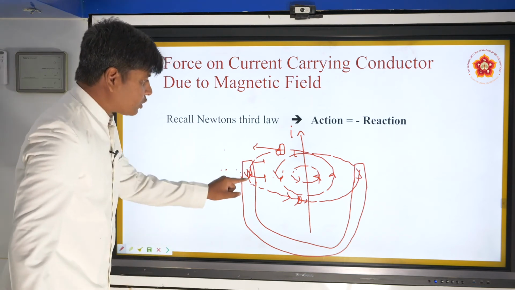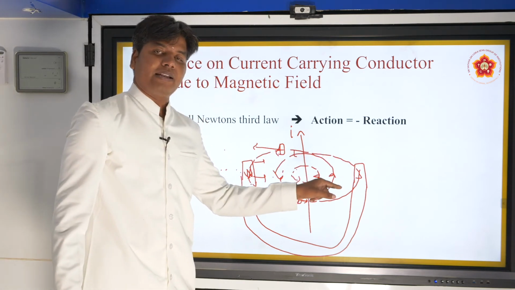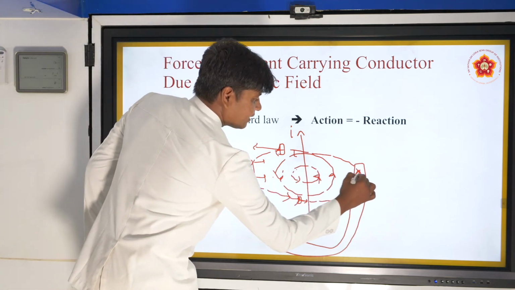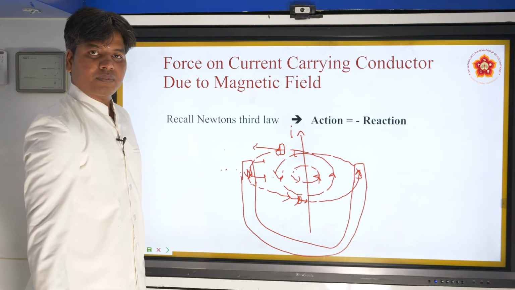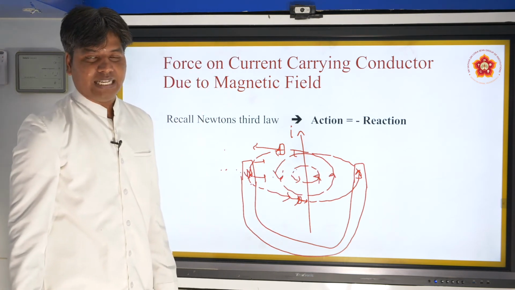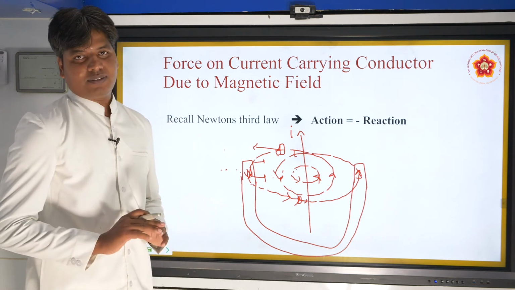Now we also see what is the force experienced by the south pole of the same magnet. See, the magnetic field lines are into the board, but here it is the south pole. What does the south pole do? It does exactly the opposite of the north pole.